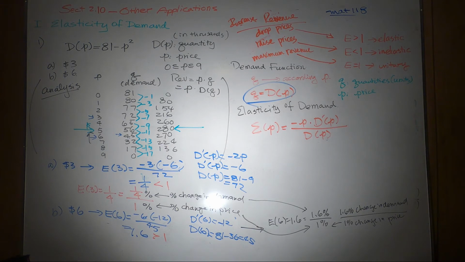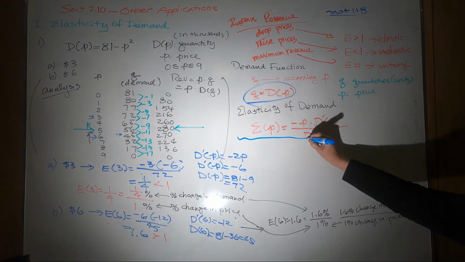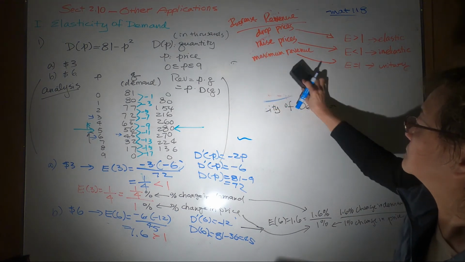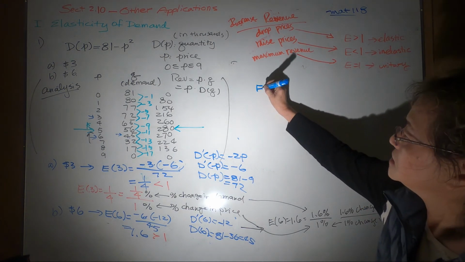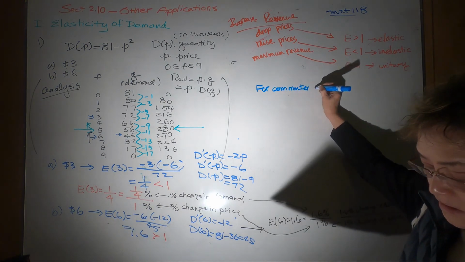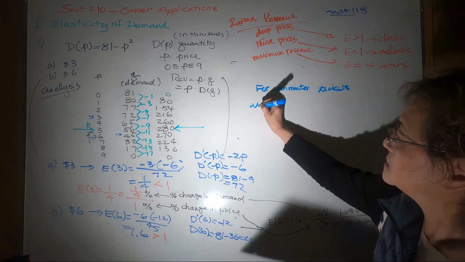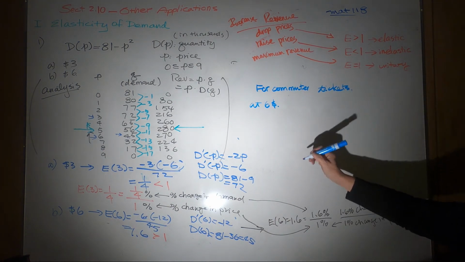So, to also give the interpretation of the meaning. Okay, so the interpretation is this way. So, let's just write it out: for commuter tickets, right? At $6, okay?